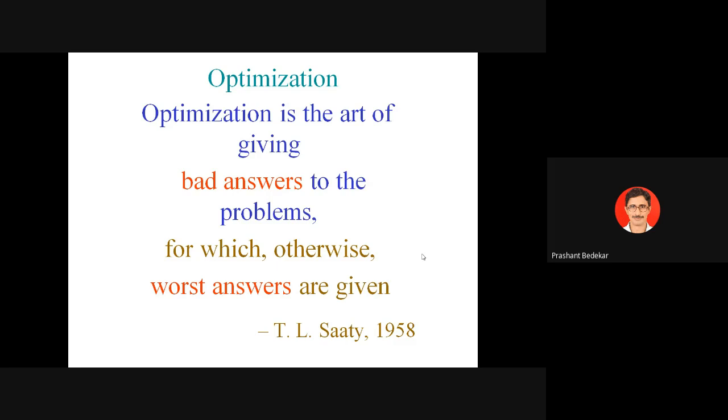Optimization is the art of giving bad answers to the problems for which otherwise worst answers are given. Now the definition is complete. It is a very famous quote given by a giant personality in the field of operations research, T.L. Saaty, in 1958.